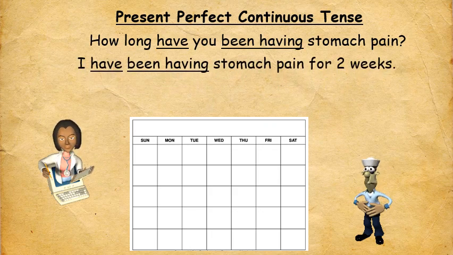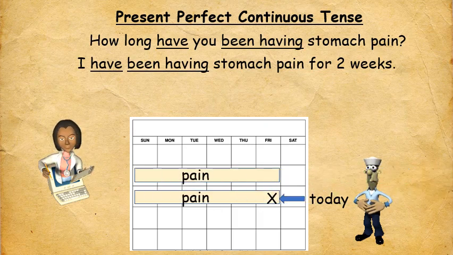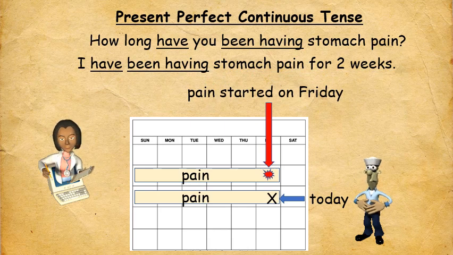The answer: I have been having stomach pain for 2 weeks. Right now, today, I am having stomach pain. For 2 weeks, I have been having stomach pain. The pain started on Friday, and for 2 weeks I have been having stomach pain.